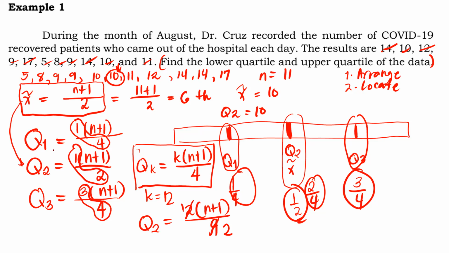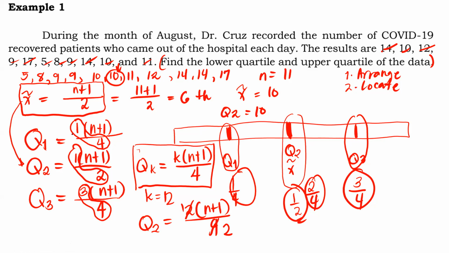So this is Q sub 1. If this is Q sub 1, it means 1/4 of the data. It separates the 1/4 of the data from the rest. So you will see in its formula there is a 1/4. But we usually don't write 1 because if you multiply something by 1, it's the same.